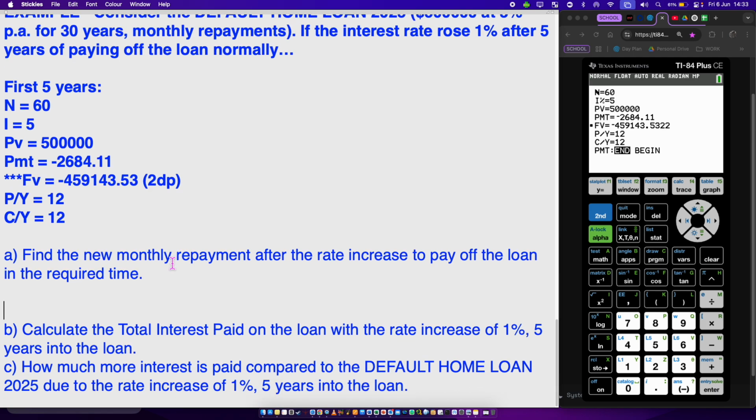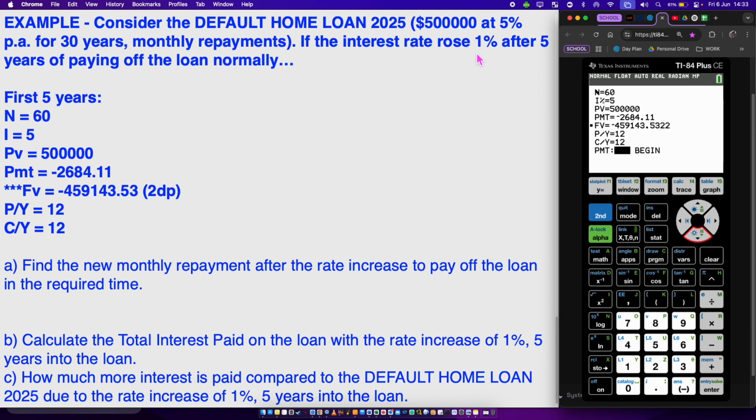Find the new monthly repayment after the rate increase. What did we say the rate was going to rise to? It was going to rise by 1%. So what's 1% more than the starting one? 6. It's going to be 6. But my PV is not going to be 500 grand anymore. It's going to be what I got the debt down to after 5 years.